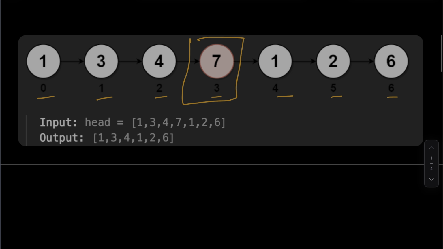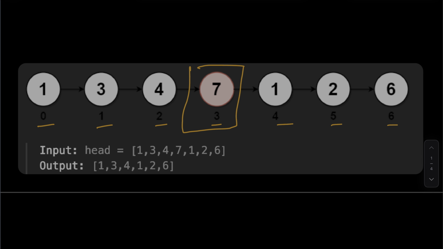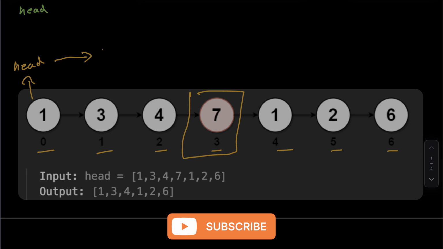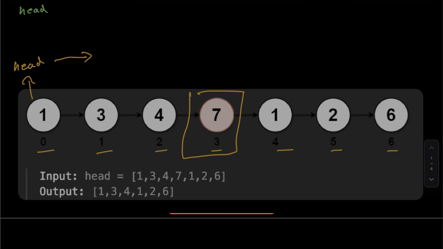From an interview perspective, what a person can think is: how will I determine which is the middle node? This is given to me as head, so I'll traverse this linked list once, moving head to head next and making a count. This is 1, this is 2, 3, and so on up to 6 and 7.